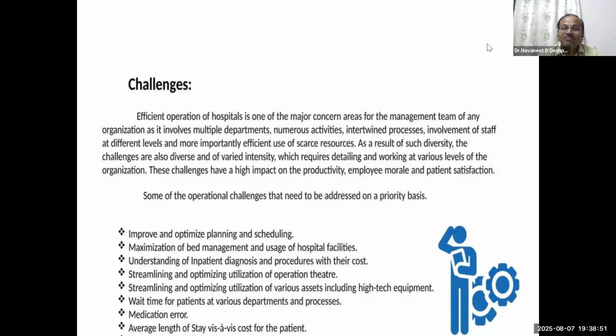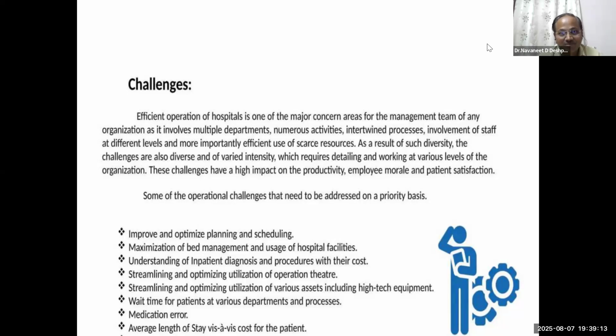So maximizing the bed numbers is very critical, because in India we know how many beds are still lacking, and despite government assistance and private, we are unable to meet the number of beds per given thousand people.